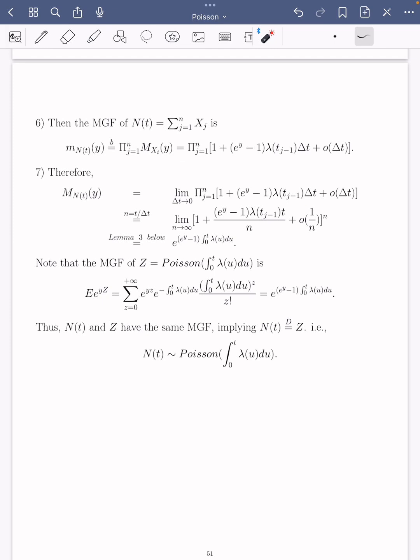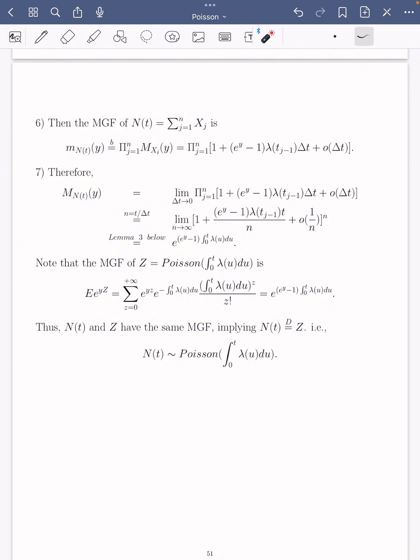So we have this expression also. And also due to Lemma 3, we know that this limit is equal to this value, which is e to the y minus 1, and then the integration from 0 to t of lambda u du.